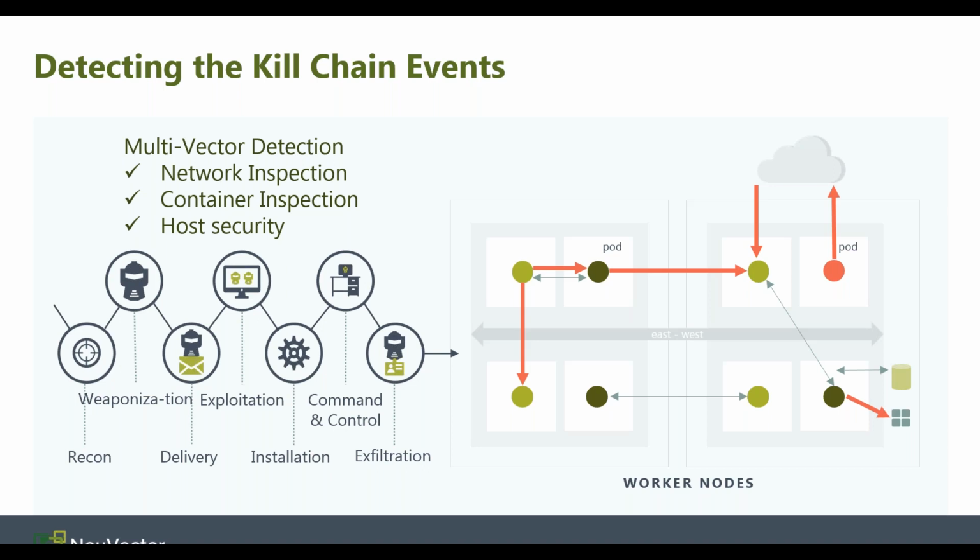So you need a solution that is able to tell the kill chain events and chain them together. That's why NeuVector has this multi-vector detection, multi-vector firewall. We actually do have multiple layers of protection. We do network inspection, container inside inspection, host security as well.